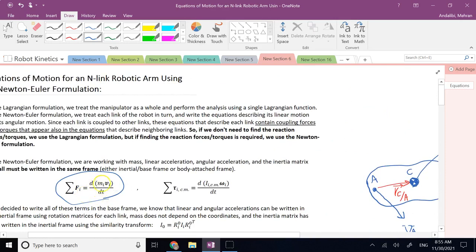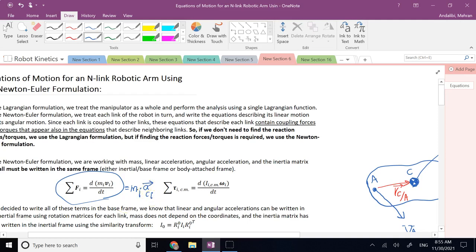Here we assume that for a robot the masses are constant, and when mass is constant, then this is going to be what? It is going to be mi derivative of vi, which is going to be ai. But a of which point on the rigid body? That's the acceleration of the centroid, a of ci, correct?